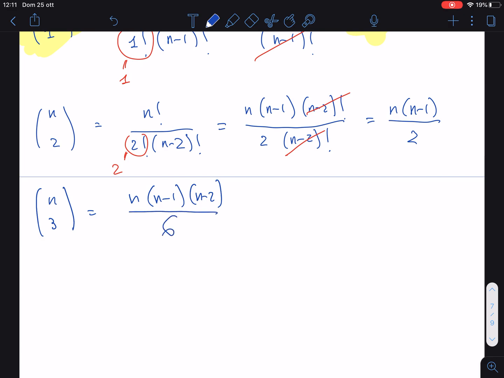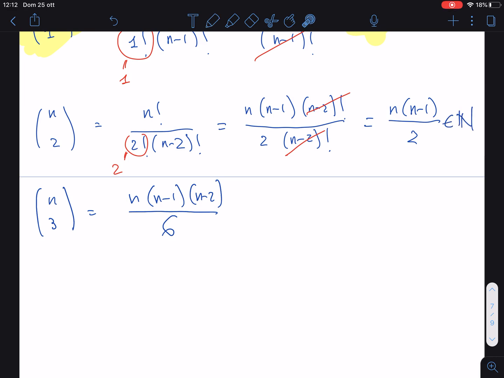And what I want to stress is the following. Here you have fractions, and of course when you deal with fractions you can doubt whether the result is a natural number, an integer, or not. When dealing with this sort of binomial coefficient, it is always an integer, because, look, here you have 2 at the denominator, and here you have 2 consecutive natural numbers. When you have 2 consecutive natural numbers, one is even and the other is odd. Since one of them is even, when you divide by 2, this must be natural.